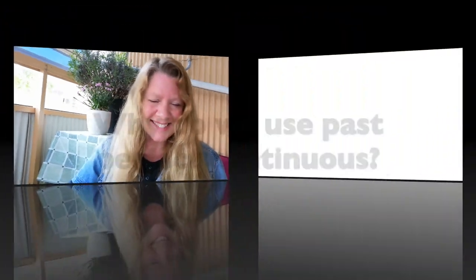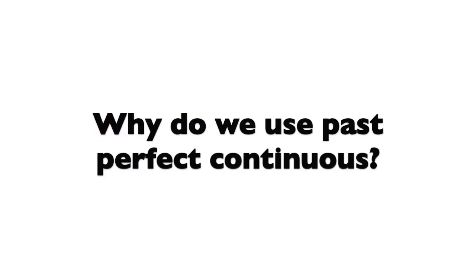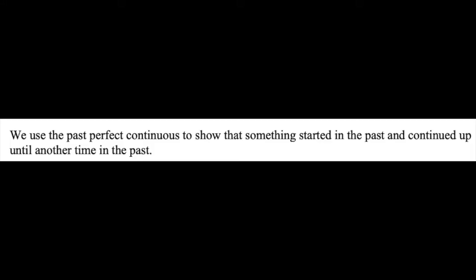Another way to use this past perfect continuous form is when something has started in the past but has stopped. Let's look at some of those examples. Let's talk about why. We use the past perfect continuous to show that something started in the past and continued up until another time in the past.